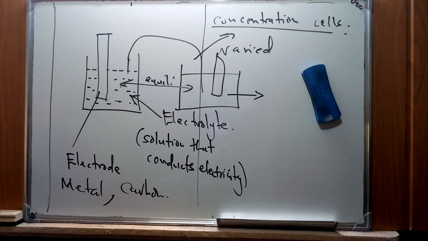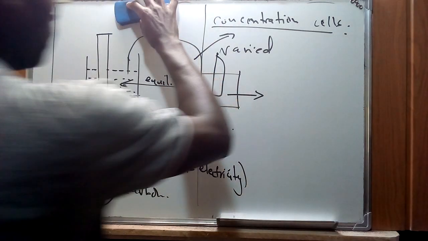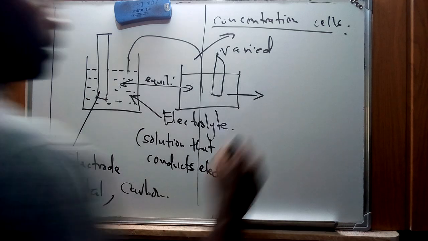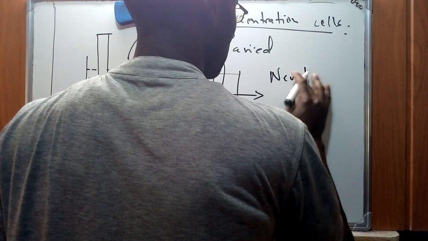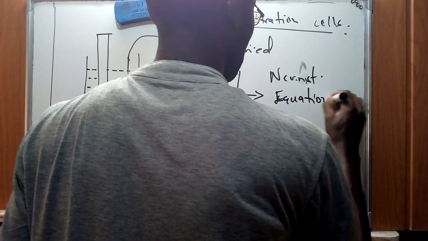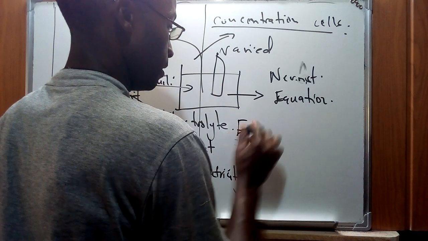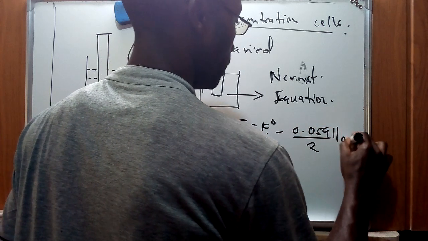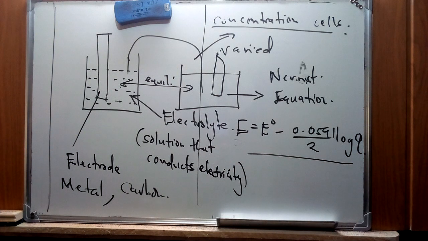So of course we are going to see that this whole concept of electrochemical cells, as we said, can be illustrated or quantified using the Nernst equation that we have already discussed in one of our videos, which we can represent as E naught minus 0.0591/2 times the log of Q. So this is a general representation for the equation that we're going to use in order to quantify aspects like the PD, or the potential difference or electromotive force that we're going to measure using these different kinds of cells.